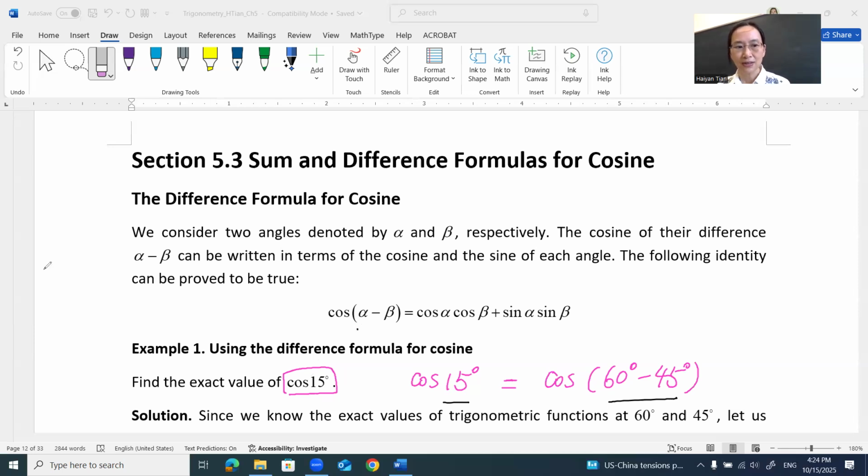Now once we have a difference, and we have a difference formula for cosine, we can go ahead and use the cosine values of 60 and 45 and the sine values of 60 and 45 to eventually get cosine 15 degrees. So the alpha is 60 here, and beta is 45.